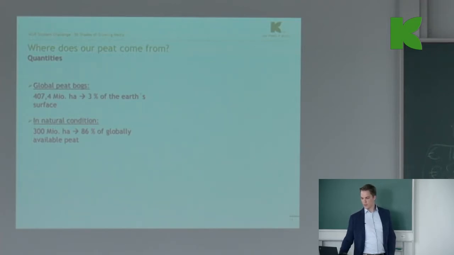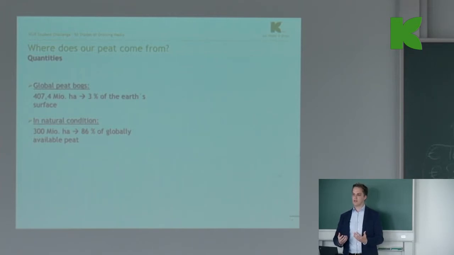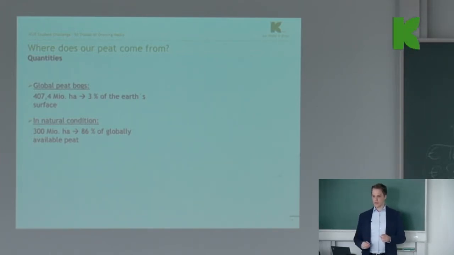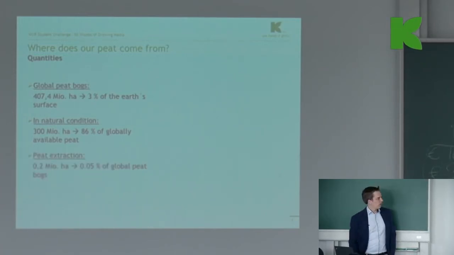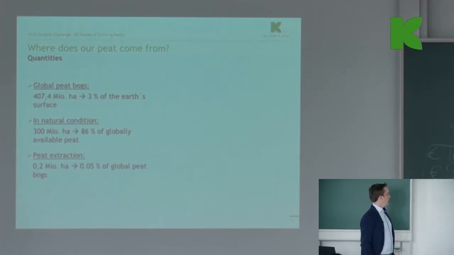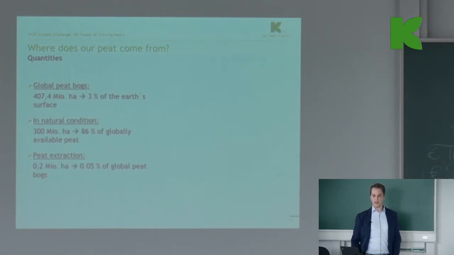The remaining 14% are mainly used for agriculture. That's very easy. People had to extend their farmland, and they just drained the peatland in order to get more land for agricultural purposes. So that's what happened in the past. Only 0.05% of the globally available peat bogs are used for peat excavation for horticulture and still for energy purposes.